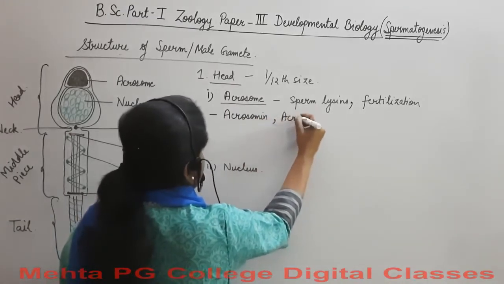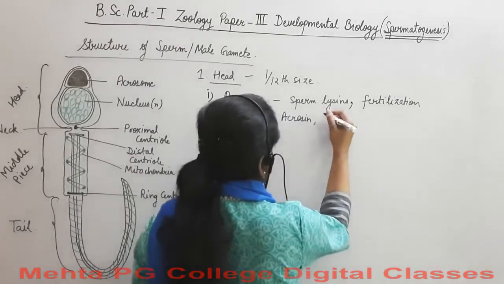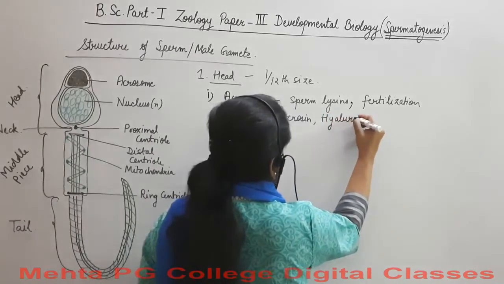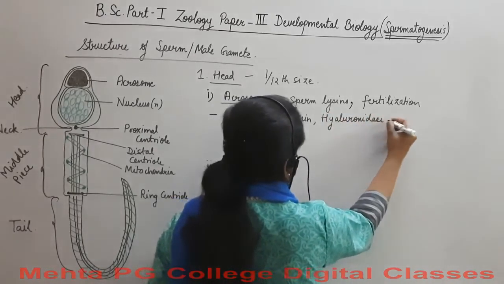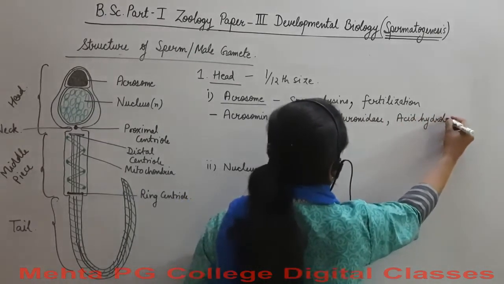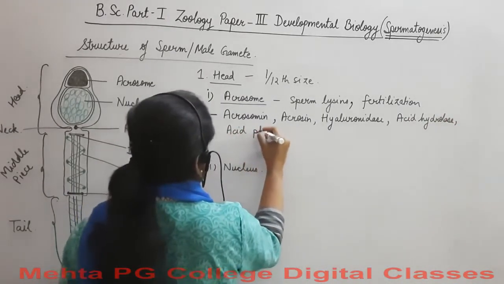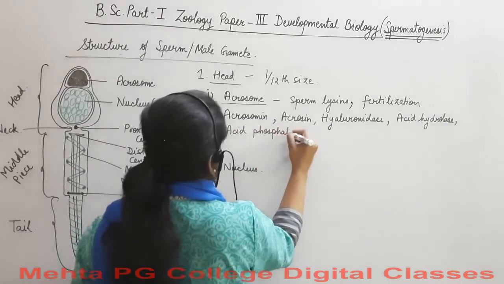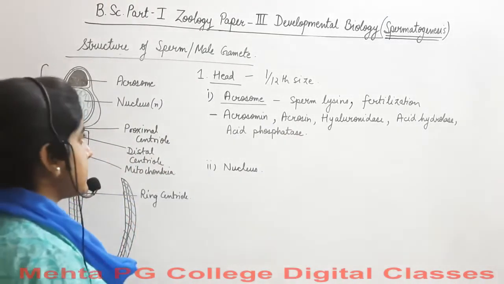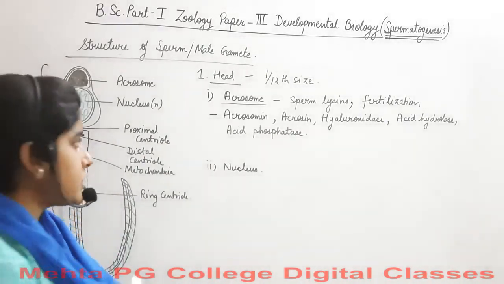Acrosomin, acrosin, hyaluronidase, acid hydrolase, and acid phosphatase. So these five types of enzymes are present in the acrosome, which have different functions.